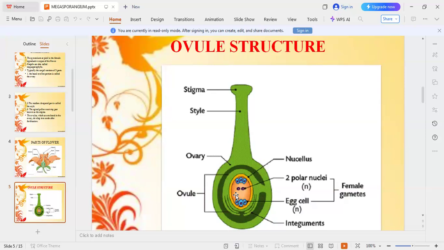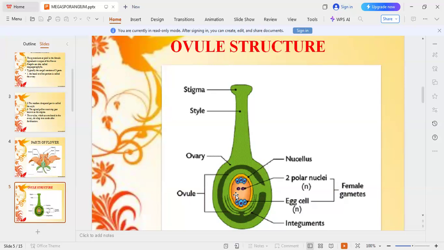Catch my point: when the pistil consists of a single carpel, that is known as simple. And when it consists of two or more carpels, the pistil is said to be compound.